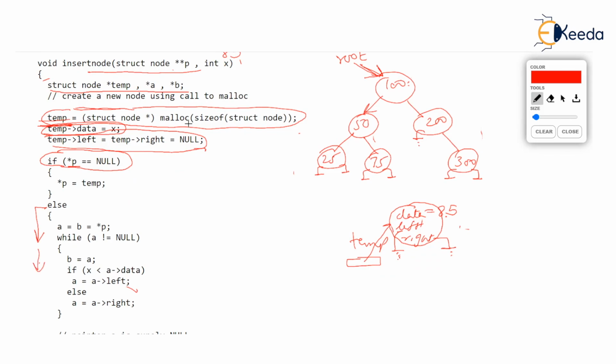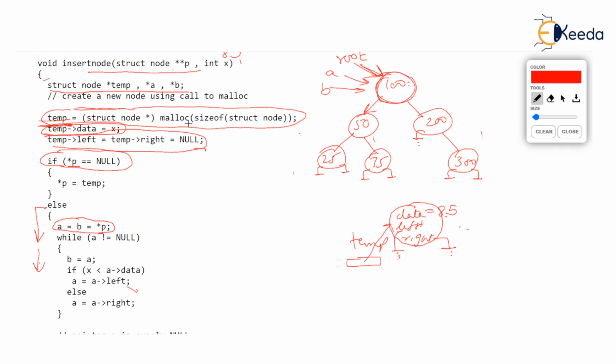In the else, we use two pointers A and B, and A and B point wherever root points. A equal to B equal to root, this is. So we have two pointers A and B, A pointing where root points and B pointing where root points. So both A and B point at 100. Now A and B are going to help us in one thing.